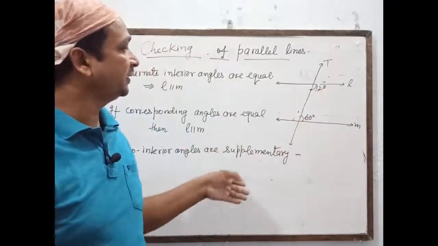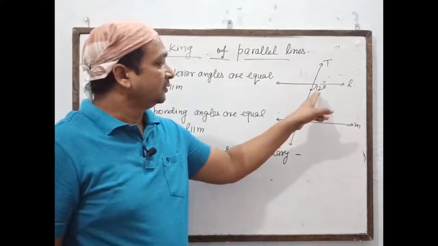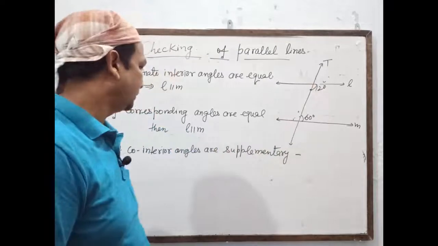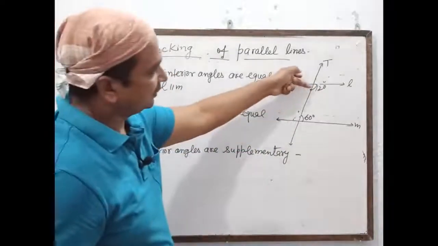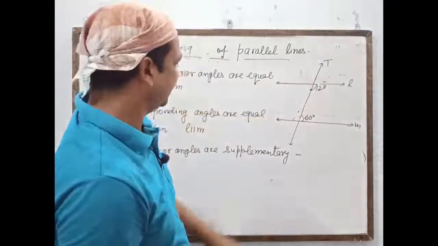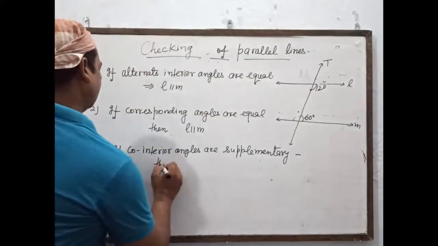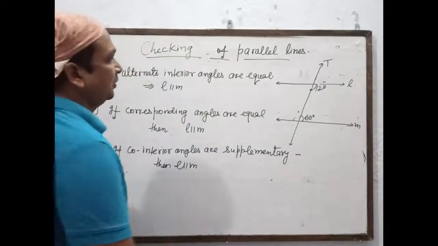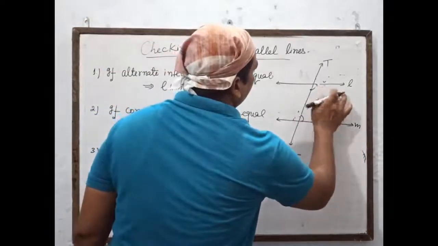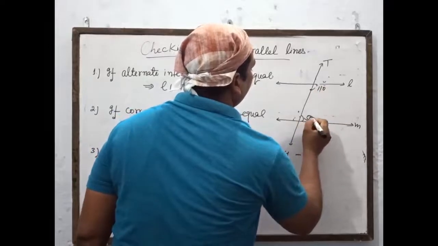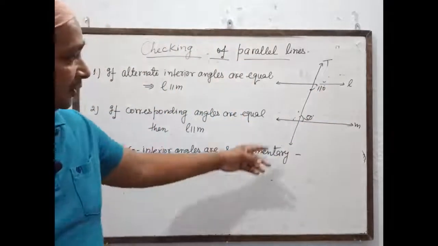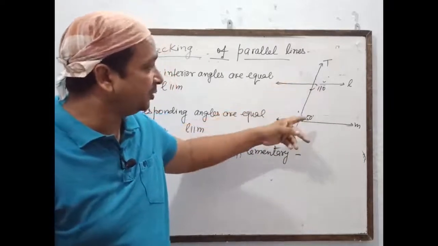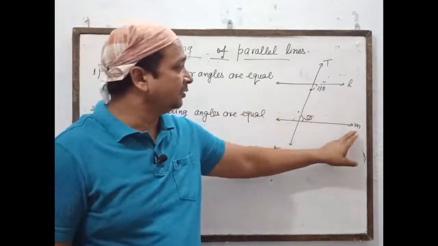In other words, we can say they are interior angles on the same side of the transversal. If these are supplementary, here we see that 120 plus 60 is 180 degrees. Then L is parallel to M. For example, if we are given 110 and 50, then these are co-interior angles, and their sum is 160, not supplementary. This means L is not parallel to M.